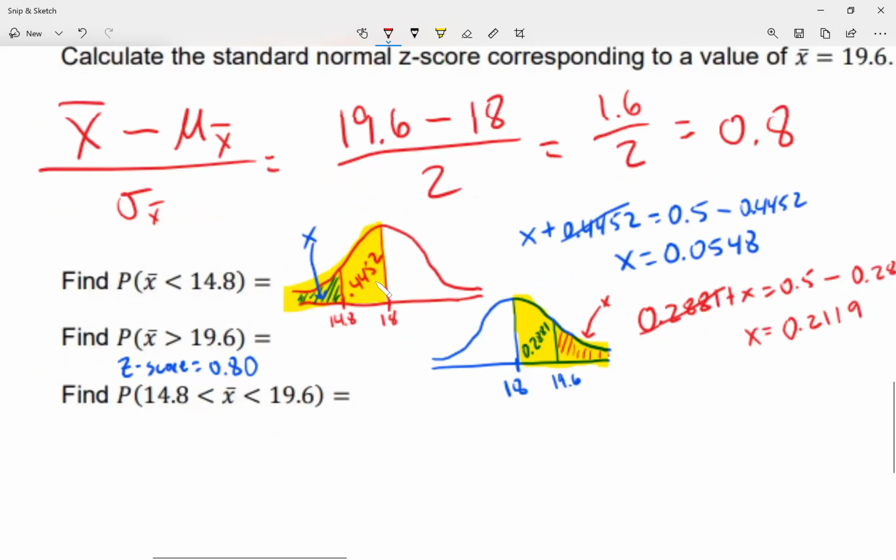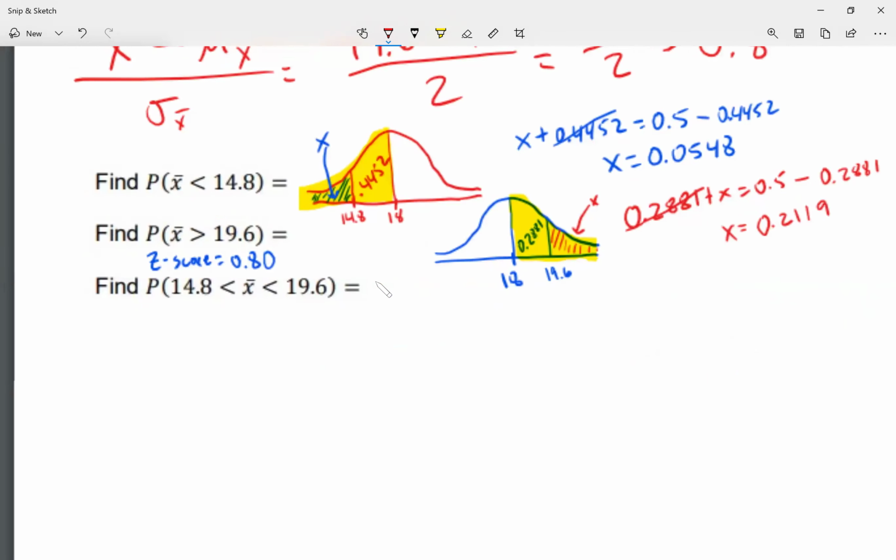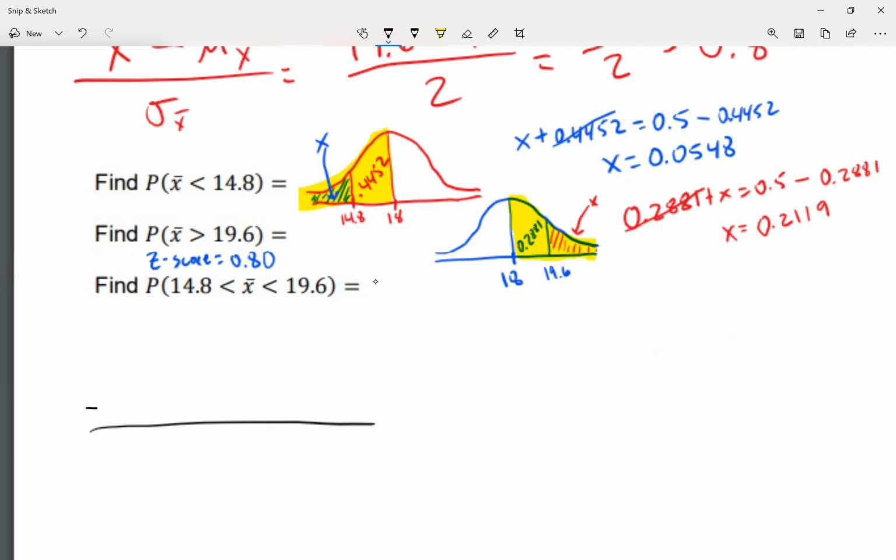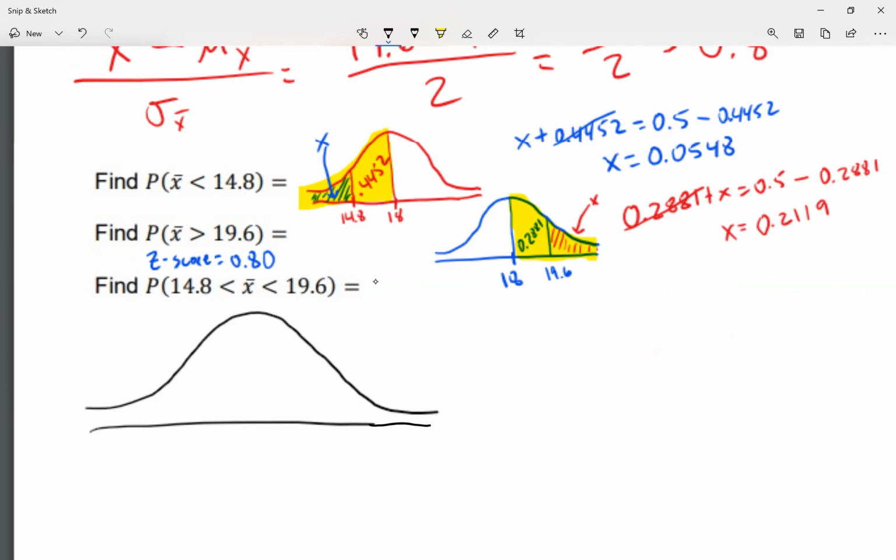And then I'm going to use this last probability, this last question. Let's just say our normal distribution looks like this. My mean is 18. But here I'm asking, what's the probability that x bar is in between 14.8 and 19.6?